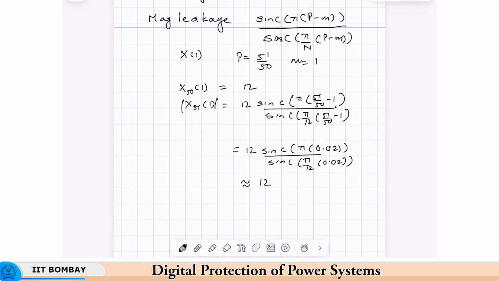This component, if you see, will be very small.